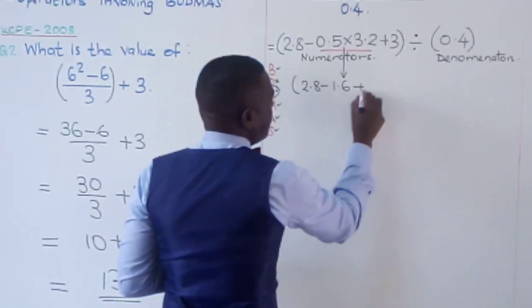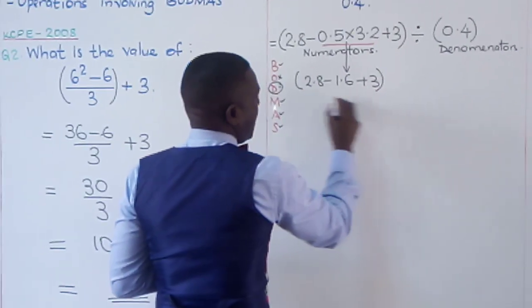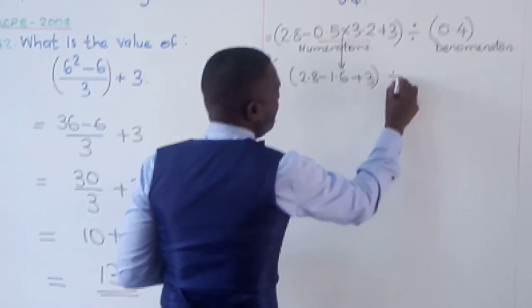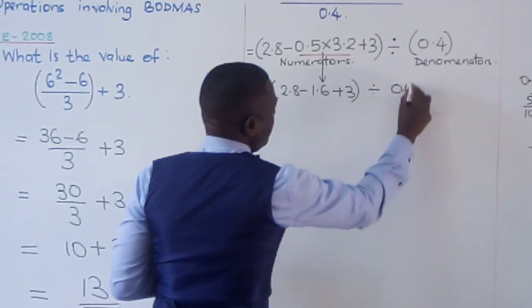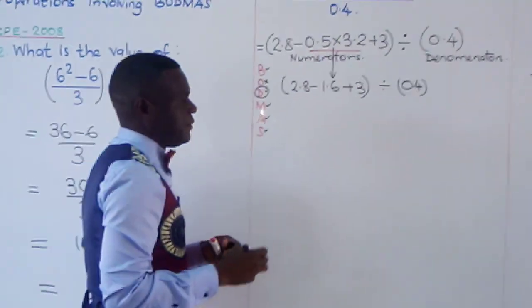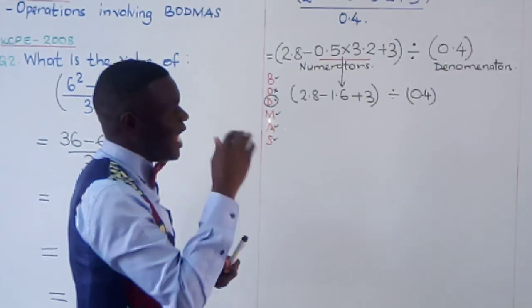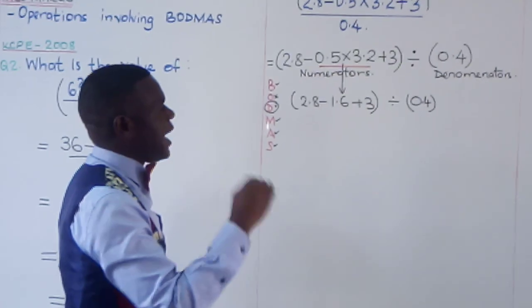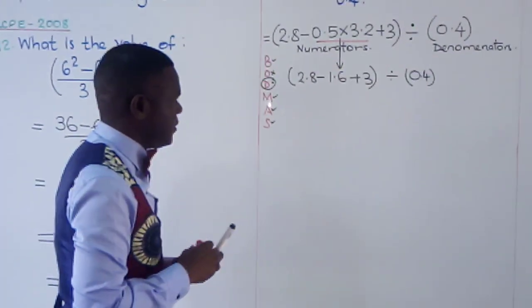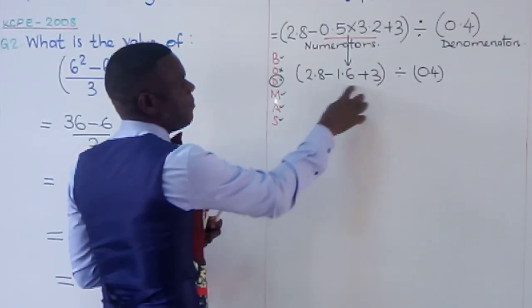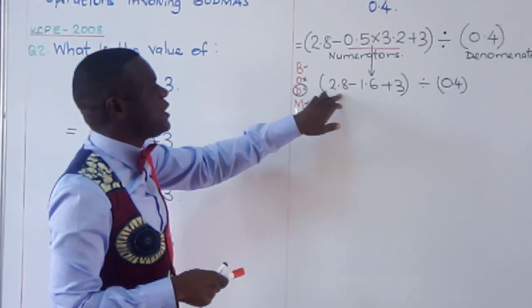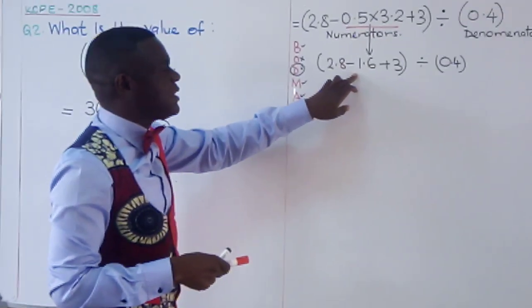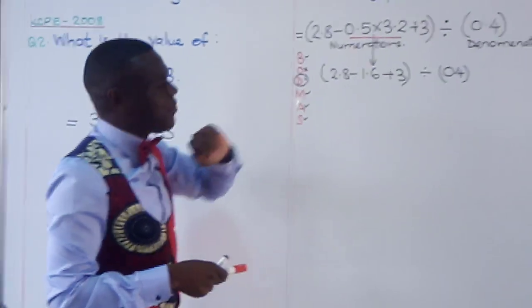Then plus 3, close the bracket, divided by that denominator, 0.4. Remember, I have to carry it along so that I do not forget. Now look at the first bracket: 2.8 minus 1.6 plus 3.